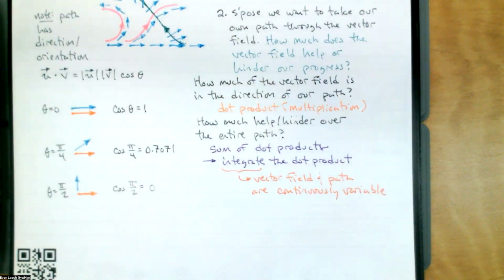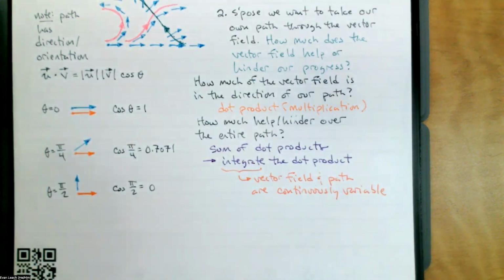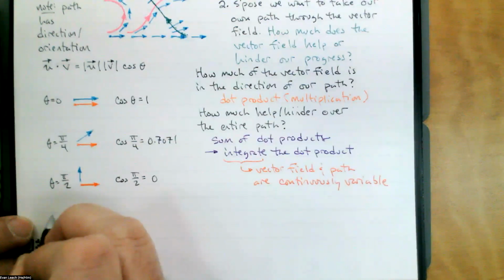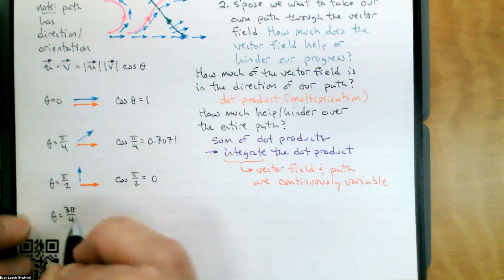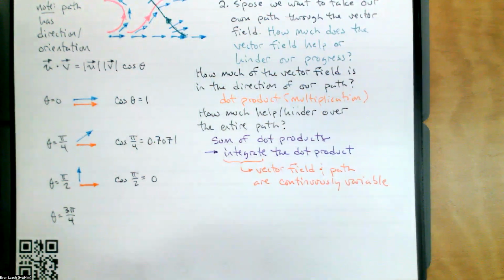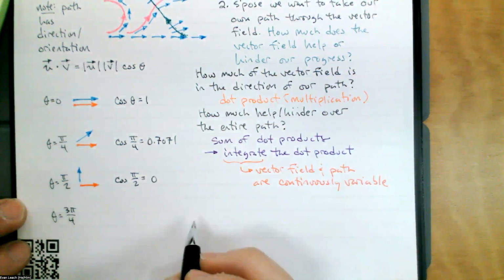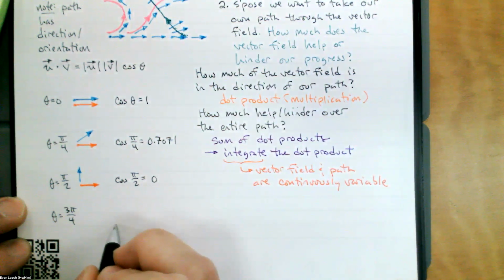If we're traveling perpendicular, it's not helping, but not hurting. When we pass 90, cosine drops negative.